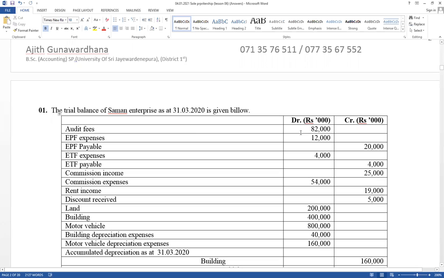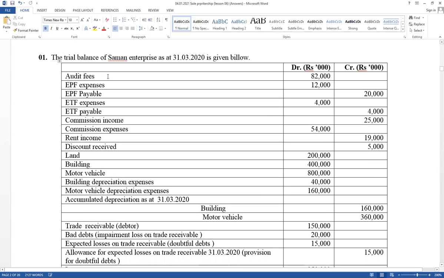It means income and expenses should be included in the income statement. Assets, liabilities and equity should be included under financial position. Right now, start from the beginning of the trial balance. Think about audit fee. Audit fee should be included under administration expense. Therefore, audit fee, administration expense. EPF expense under administration expense.